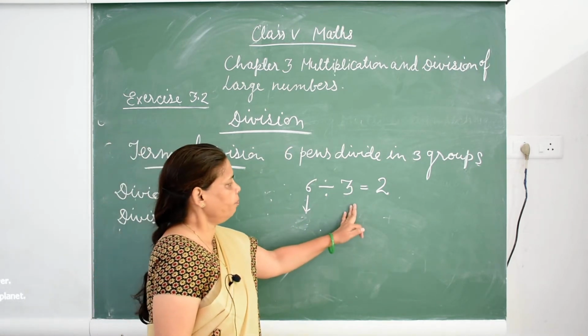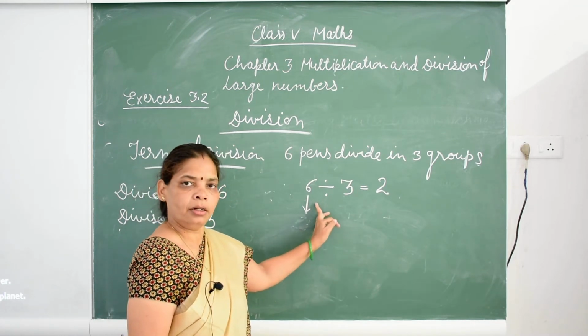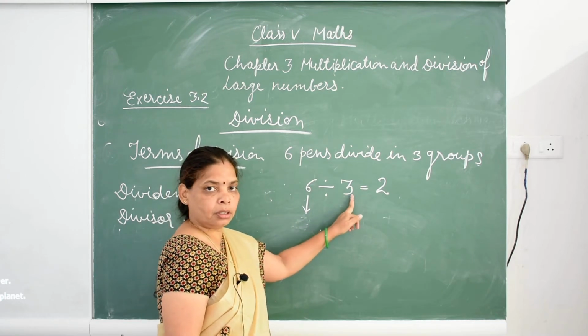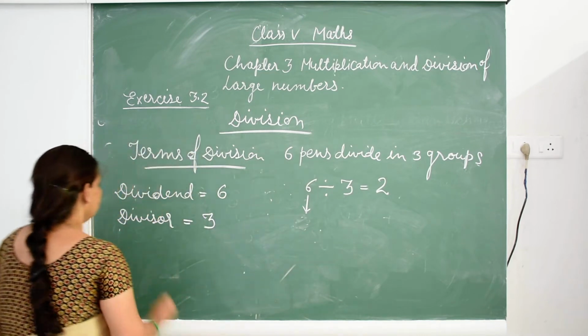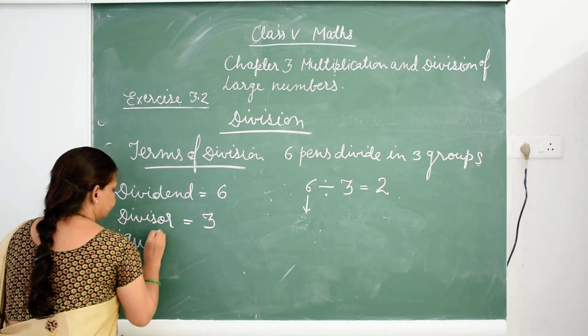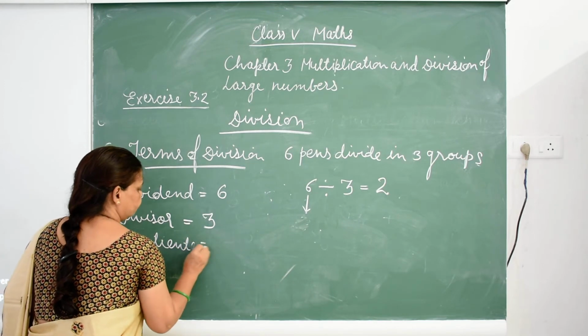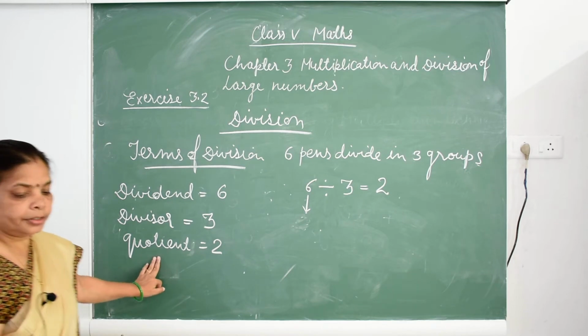And how many times we read the table of 3 to get the dividend, हमने इस नंबर को इस टेबल कितनी बार रीड किया है, दो, so we get the number 2. So quotient is 2. Understand?